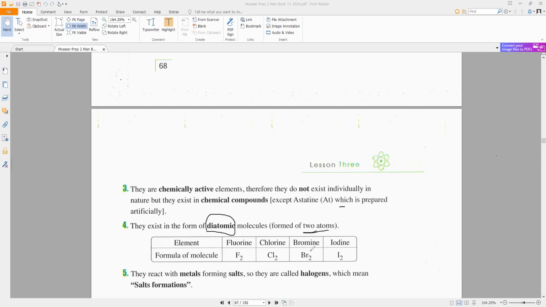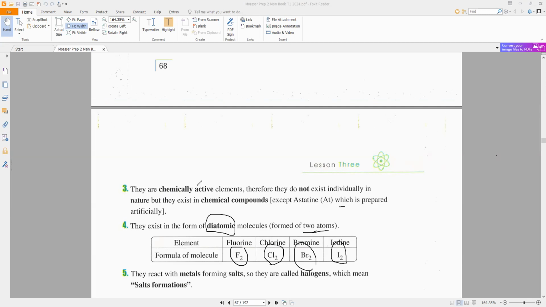Molecule consists of 2 atoms. Fluorine is found as F2, 2 atoms of fluorine, chlorine Cl2, bromine Br2, iodine I2. So it reacts as two atoms, not a single atom, not a monoatomic molecule like alkali metal.